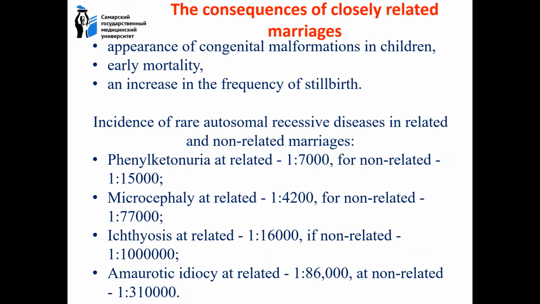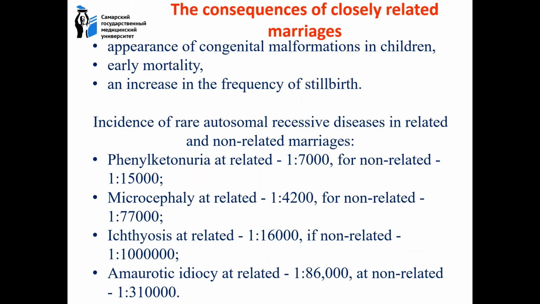The marriages of non-related people are genetically prevalent in modern human populations, but sometimes in some populations closely related marriages still occur. The consequences of closely related marriages are the appearance of congenital malformations in children, early mortality, and an increase in the frequency of stillbirth.